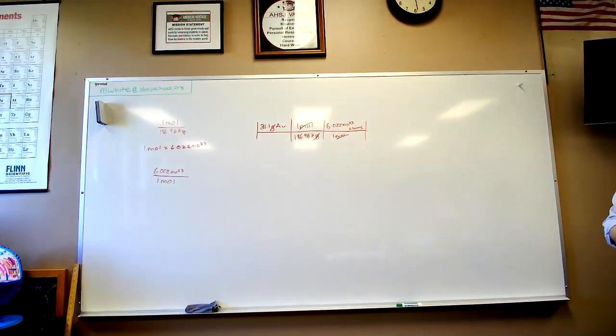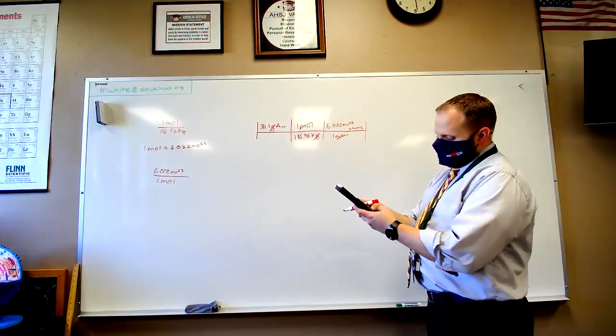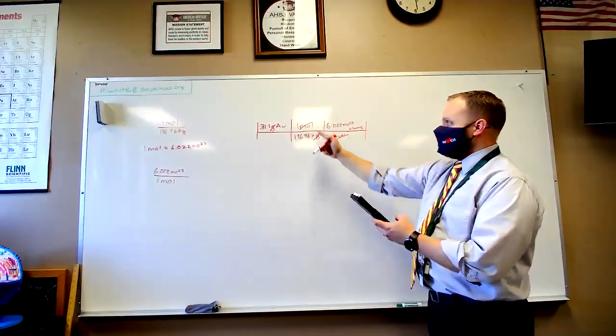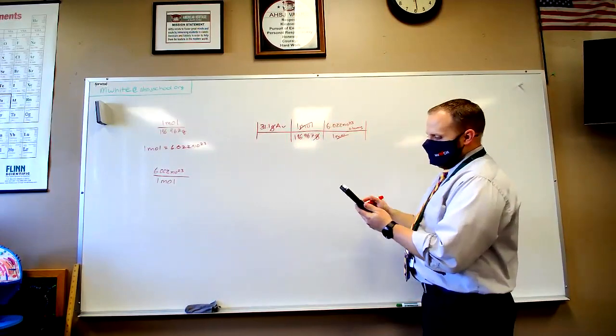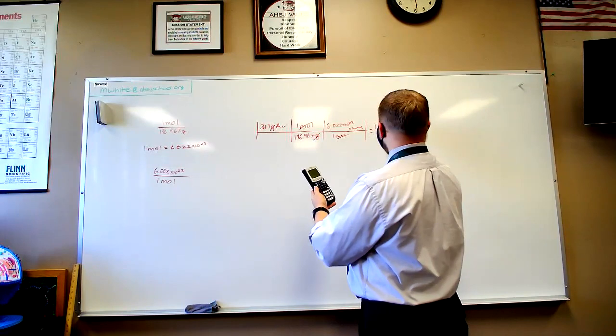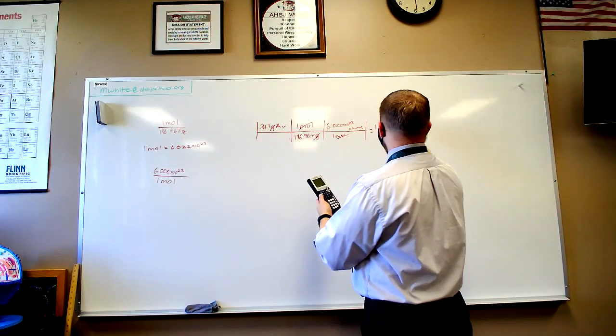Okay. And so in this case, we pull out our calculator. 31.1 times Avogadro's number, technically times 1 as well. And that gives us 1.87 times 10 to the 25th.